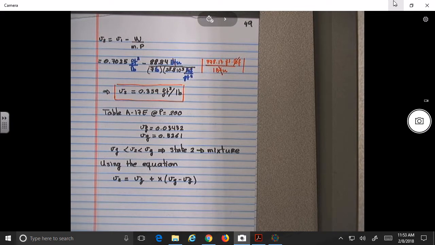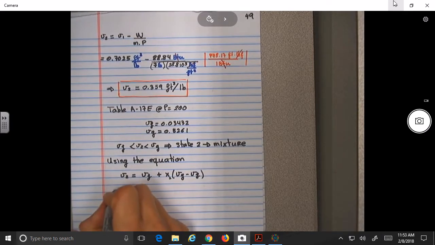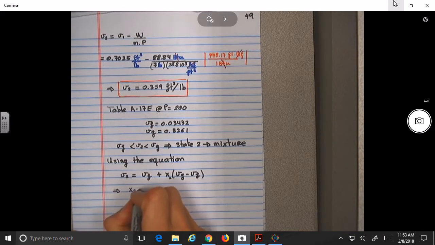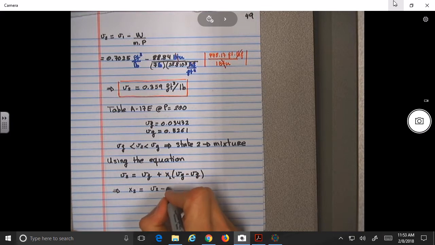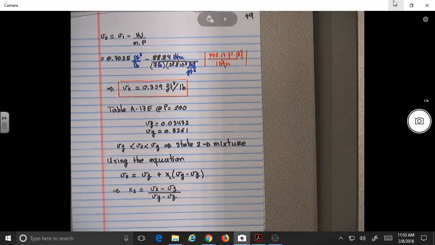Now in that equation, what is the only unknown? x, no? Here, x2. So we can solve for x2, which will be equal to (V2 minus V fluid) divided by (V gas minus V fluid).